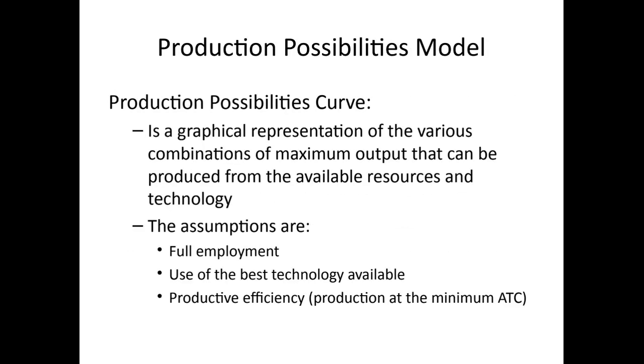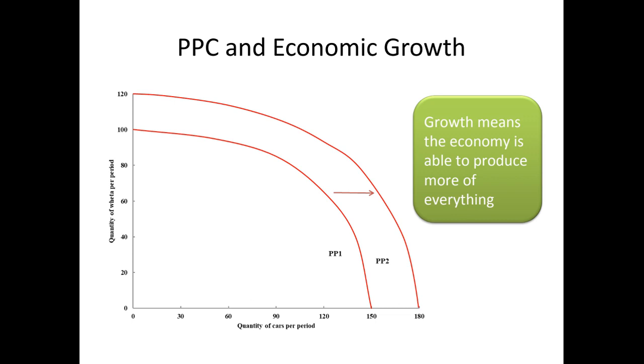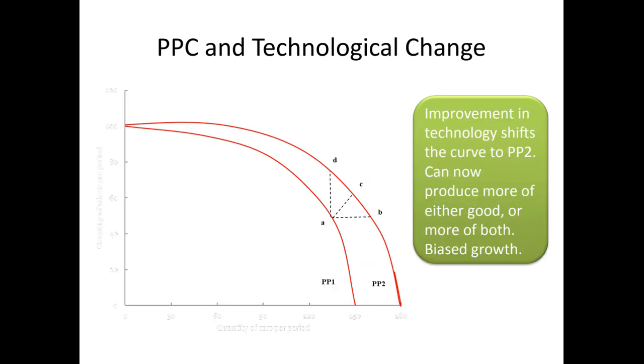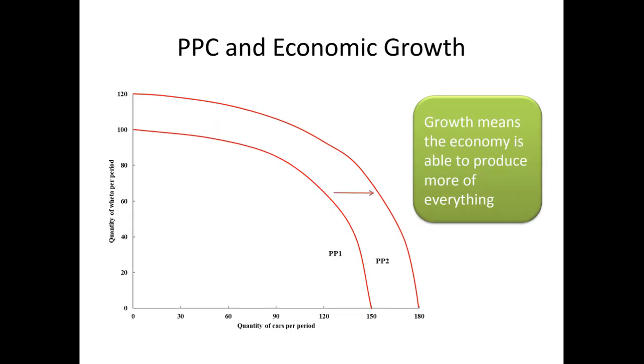Okay, so let me go back to this. We have already done this test your understanding slide. Now, I've already discussed this. When I draw one PPF curve, which I call PP1, then with the passage of time, or over a longer period of time, this curve is also shifting rightward.